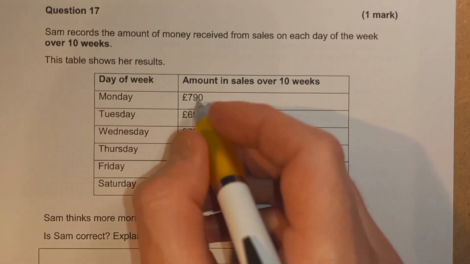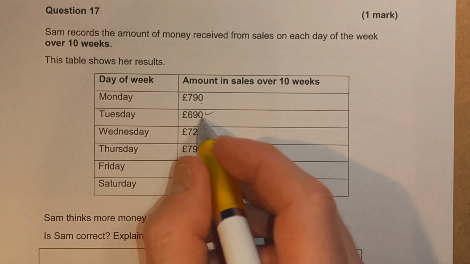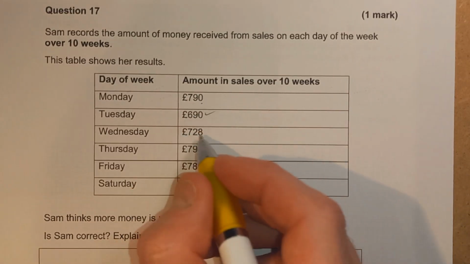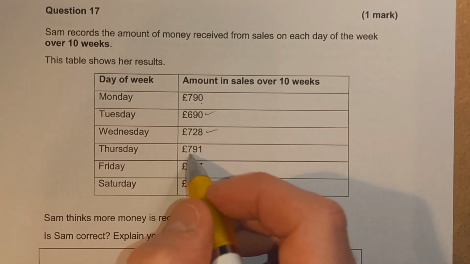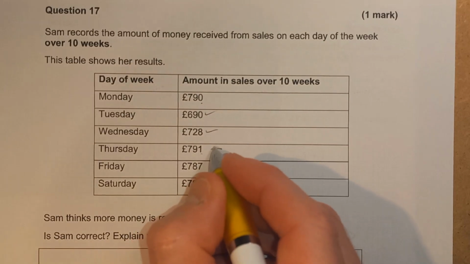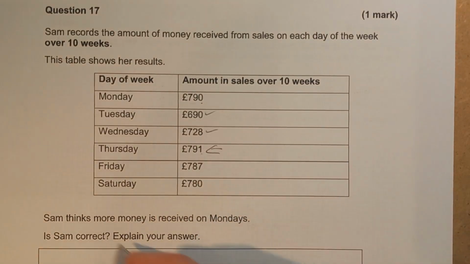Well, let's compare it to Tuesday. Well, yes, 790 is more than 690. 790 is more than 728. 790, or 791, this is more. Okay, so is Sam correct?